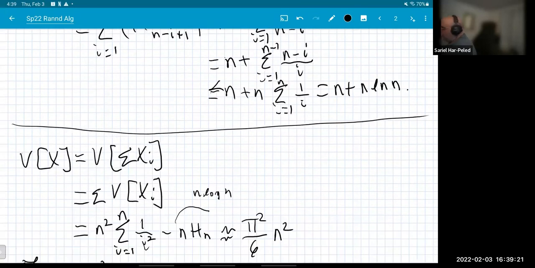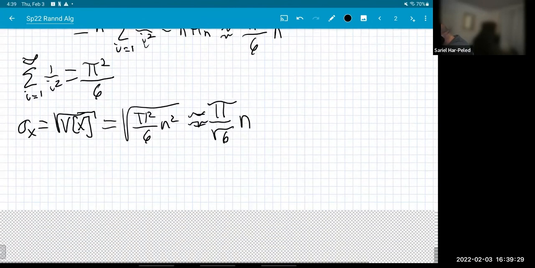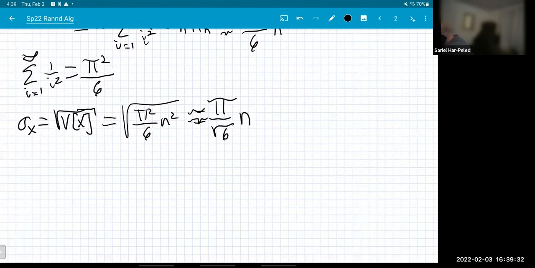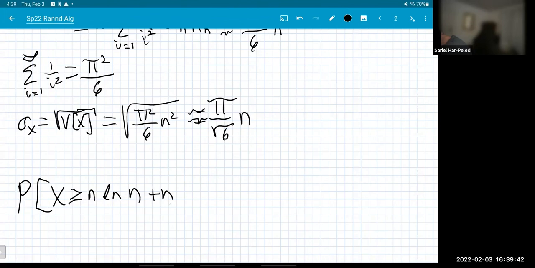And now we can apply the Chebyshev inequality, because Chebyshev tells us that you cannot get too far away. So formally, the probability of x being larger than n ln n plus n, this plus n is just to avoid various noise, because the harmonic number is ln n plus a small constant and so on, so it's definitely going to be smaller than n log n plus n.